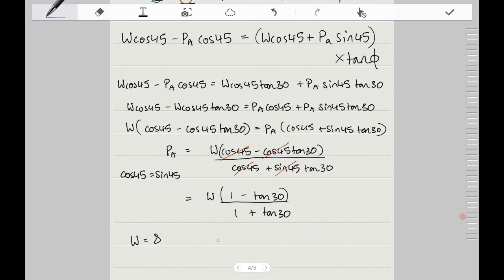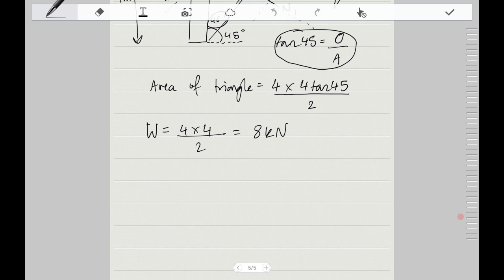So P is therefore 8 (1 minus tan 30) over (1 plus tan 30), which equals, sorry, I made a quick mistake, I forgot to multiply it by 20, so it's multiplied by 20, so that's 160.